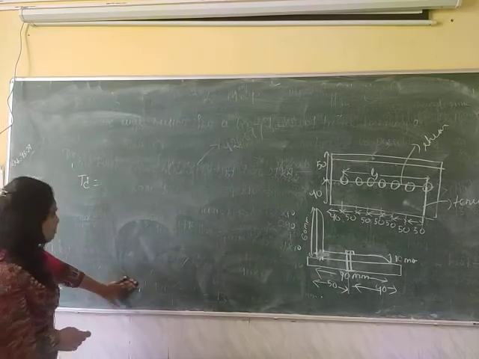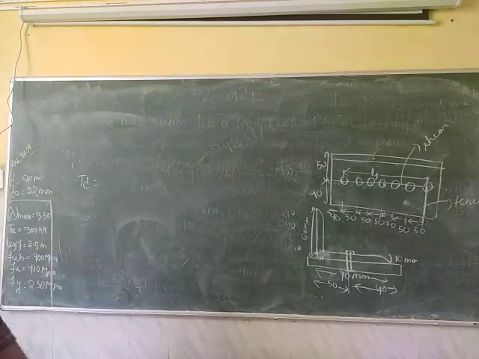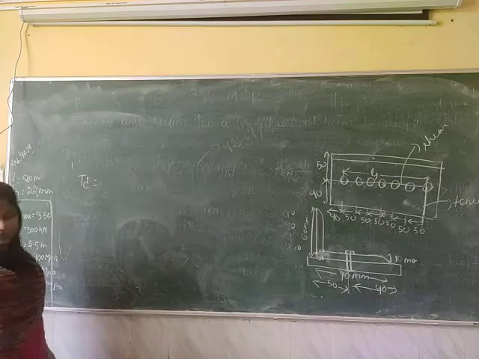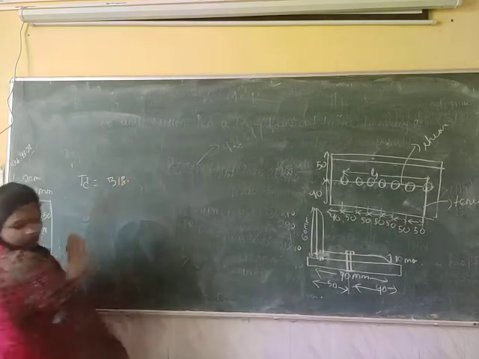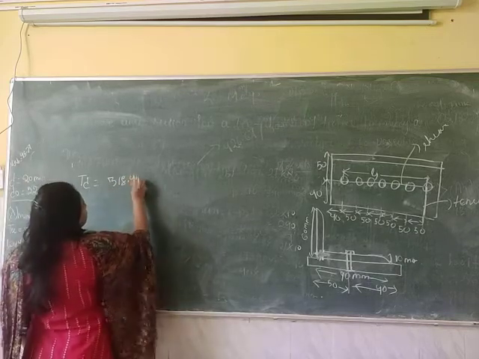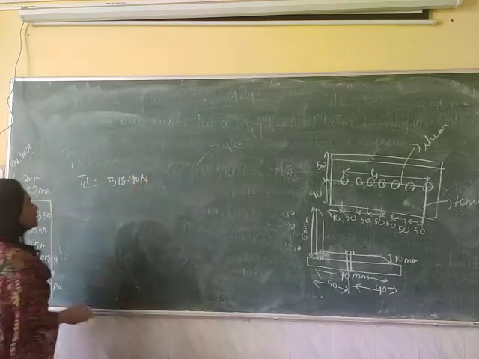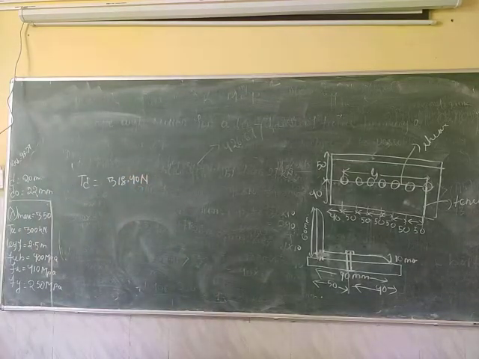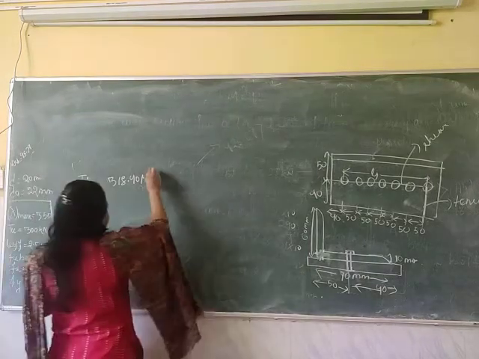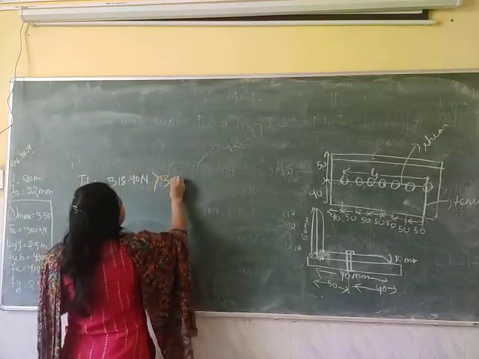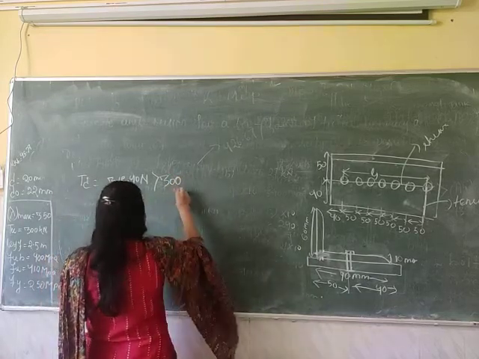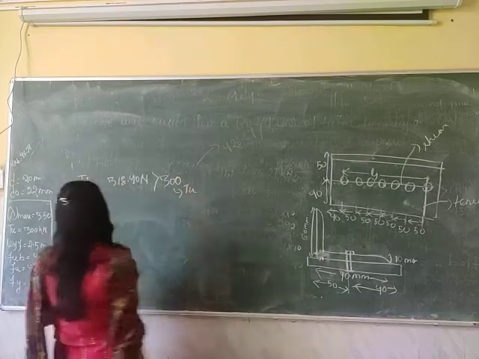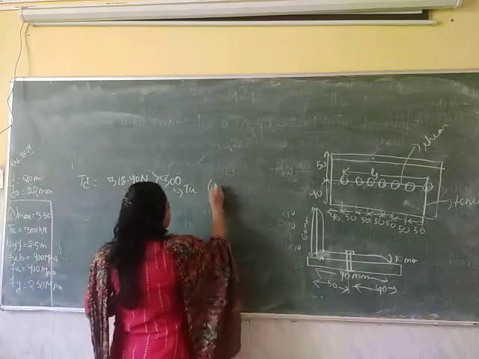Okay. So the minimum of these three values is 318.409 kilonewton. Okay. So this is the design strength of the tension member, which is greater than that of the external applied tensile load. Okay, so our design is safe.